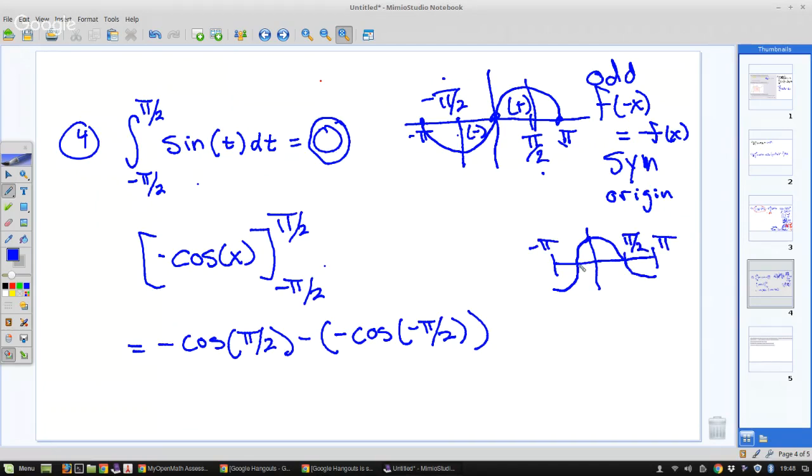And here, negative pi over 2. So the cosine of negative pi over 2 is 0, and then we have minus a negative or plus another 0, so we get 0 in the end. So sometimes realizing a function is even or odd can help simplify the work that has to be done, which is kind of nice. All right, what else do we have here?